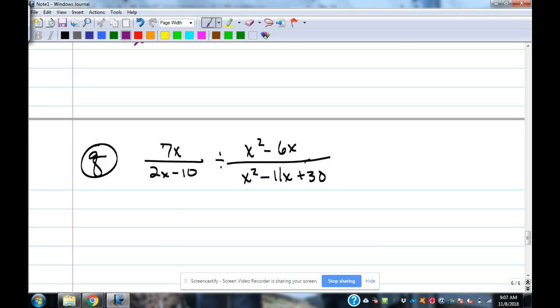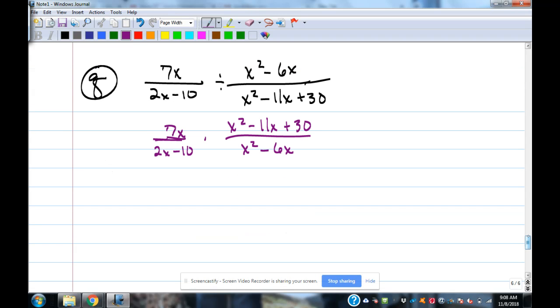What do we do? Flip it and change it into a multiplication problem. I'm writing probably an extra step here because you would probably already start factoring that. But you got to remember to flip the second one, or things are not going to work out the right way. Okay? So I flipped the second one, changed it to multiplication.